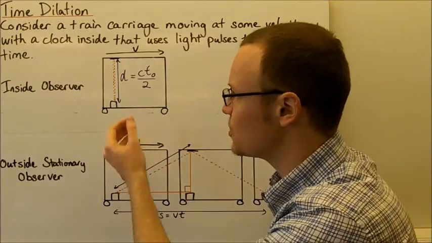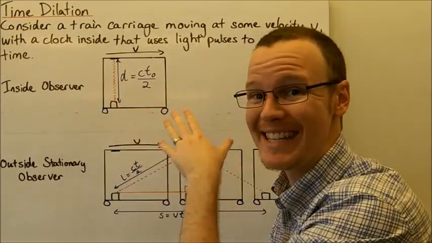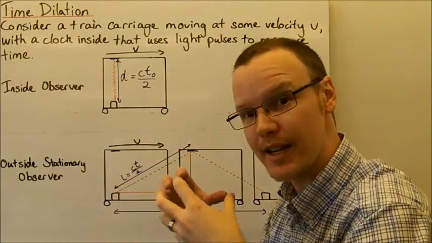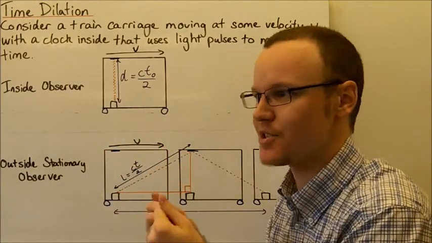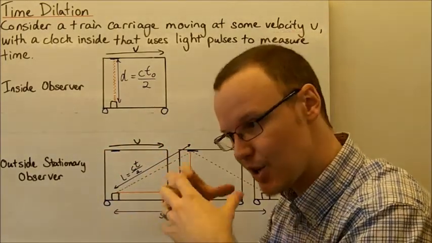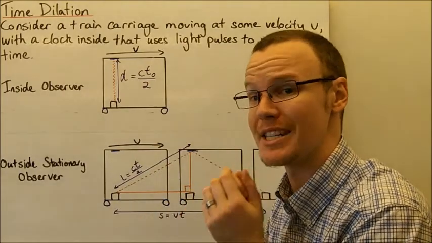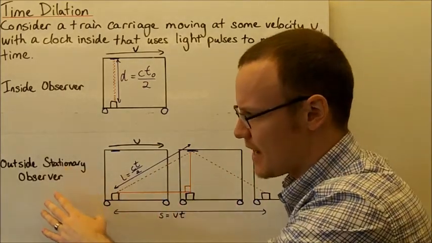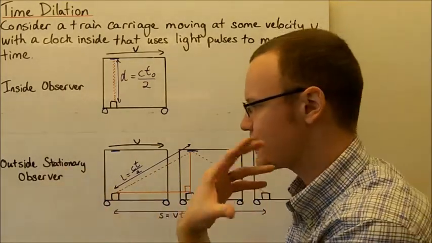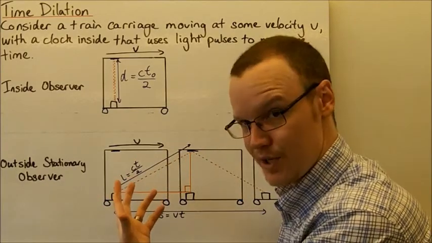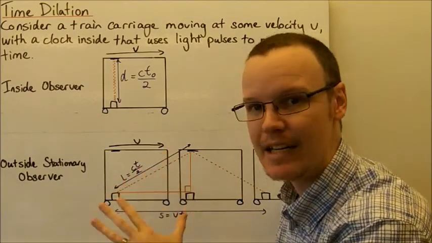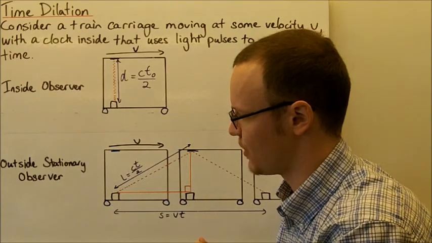We've called the time for the inside observer t0. That's the time that the inside observer is experiencing, and the outside stationary observer is going to observe a different time, which we'll call t, without the zero notation.